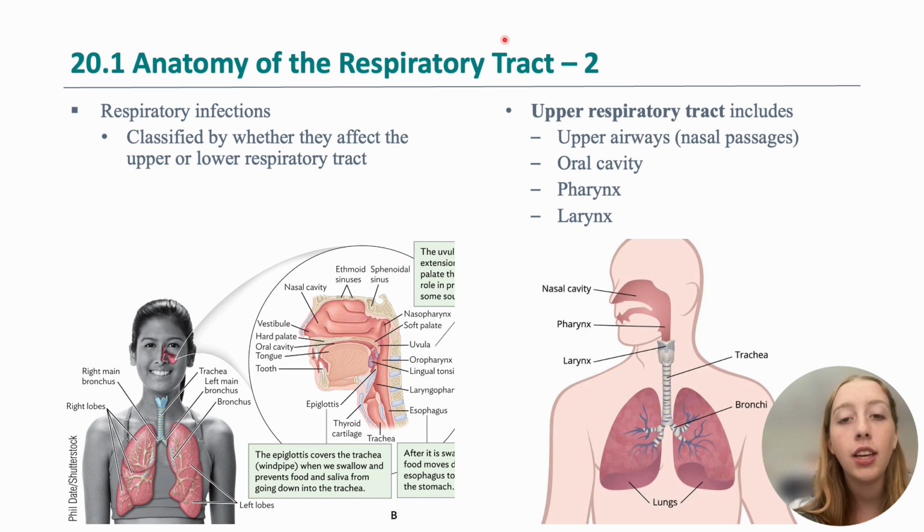Oral and nasal cavities open into the pharynx, forming the upper part of the human respiratory tract. The pharynx is the hollow space shared by the nasal and oral cavities, right here. Both the esophagus, the tube that carries the food from the mouth to the stomach, and the trachea, or the windpipe, which is part of the lower respiratory tract, are continuous with the pharynx.